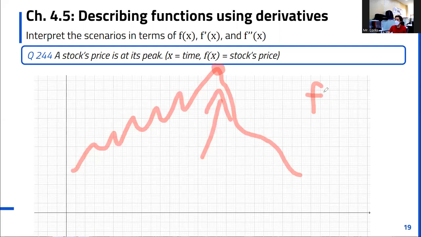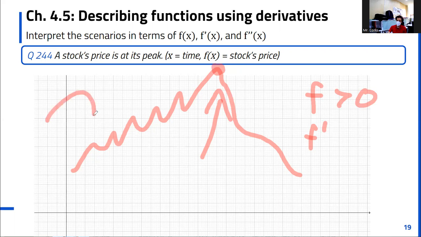Okay, so the original function is positive. Stock prices are always positive numbers. Our first derivative, positive or negative here? Well, it's at the peak.